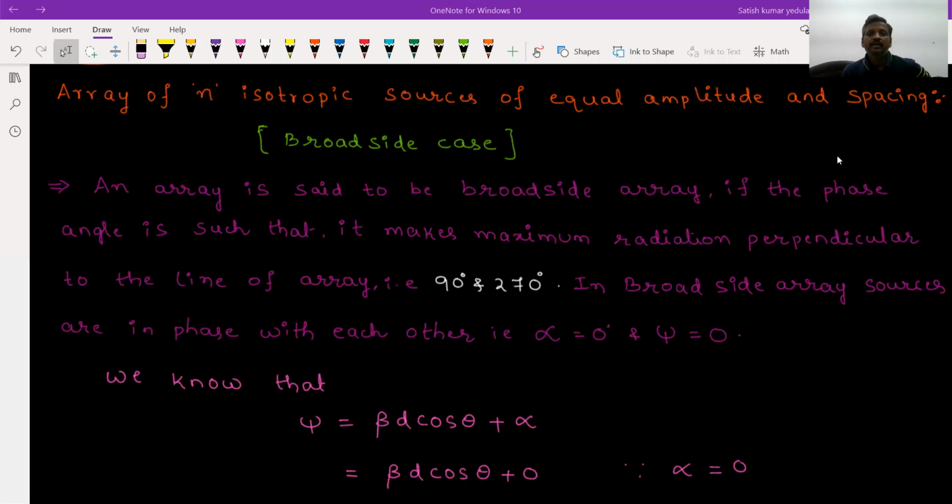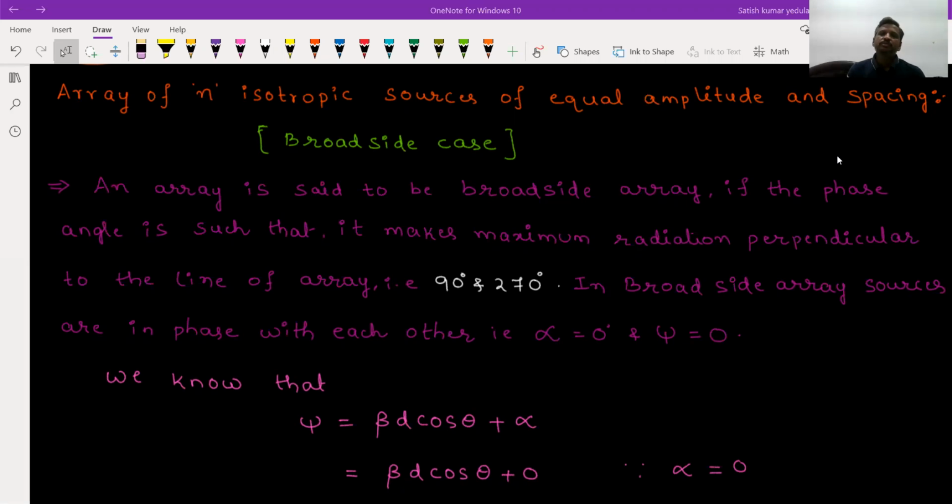Simply speaking, we are keeping all the elements equal in spacing, let's say that is d, and they are excited with currents of equal amplitude and equal phase. The phase difference between them is zero. So let us try to see the analysis.